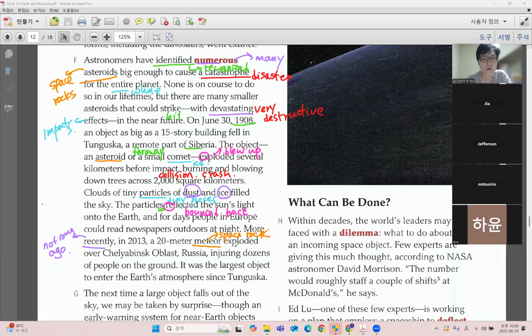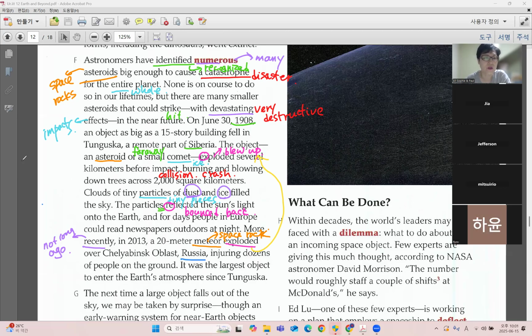Exploded means blew up. Blew up over Chelyabinsk Oblast, Russia. Where? Russia.